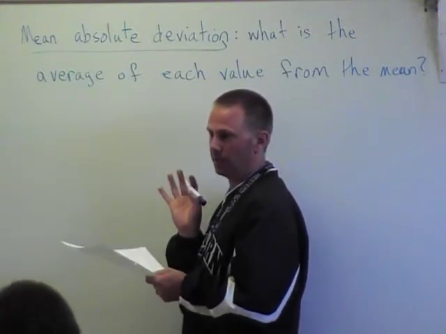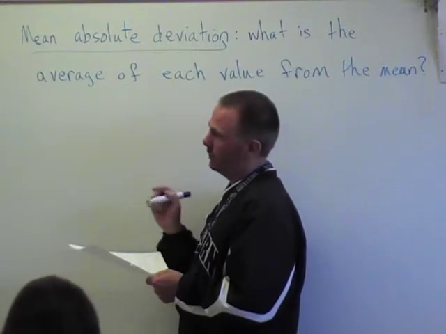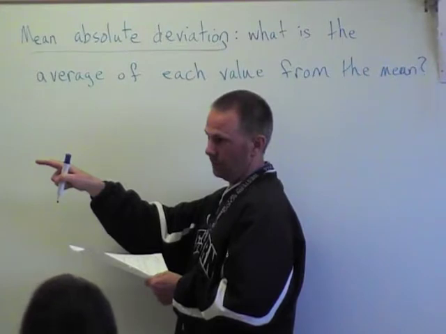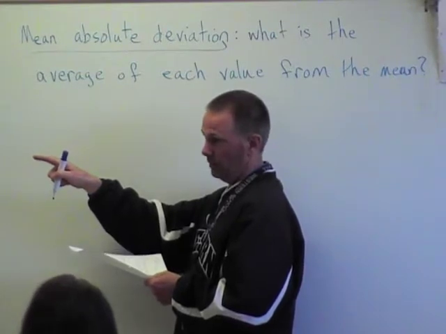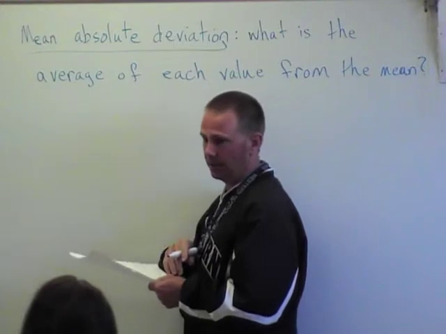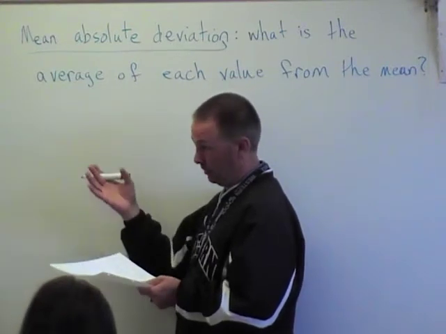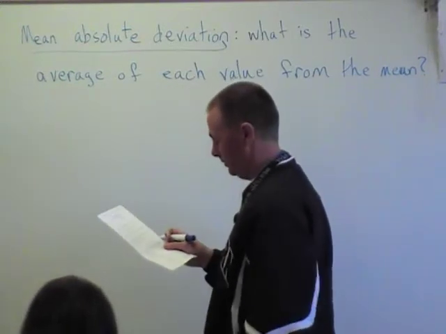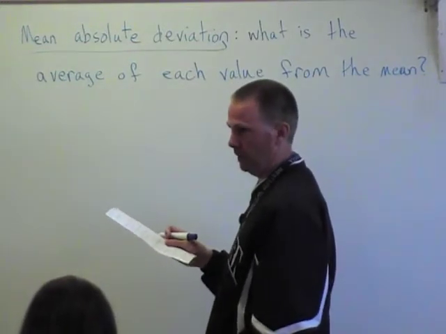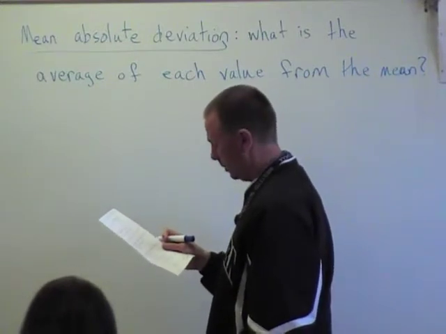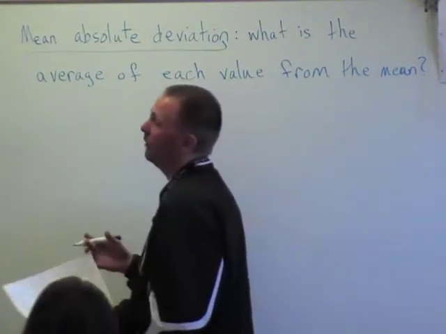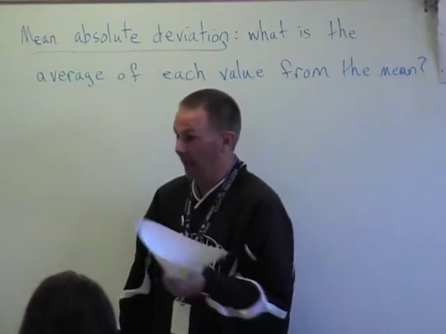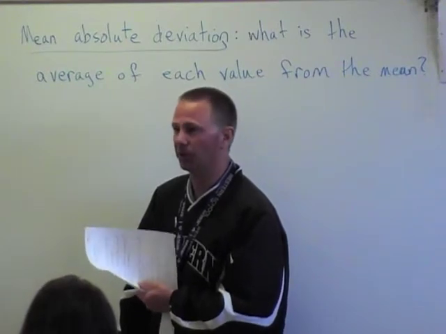So if it's negative, you just make it positive. You take the differences of each value from the average, from the mean. Take all those differences, add them together, and divide by 10. There's 10 of them. And that gives you a mean absolute deviation, an average deviation from the mean. We'd like to know how far off each number is on average from the average that we found.